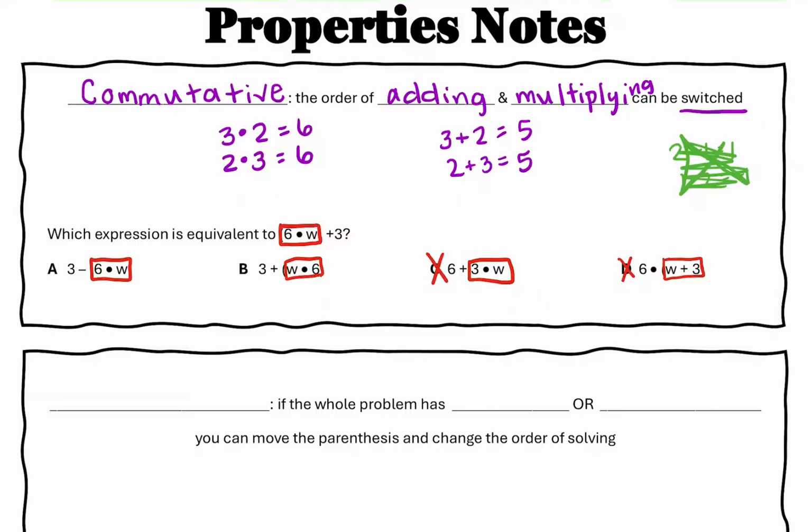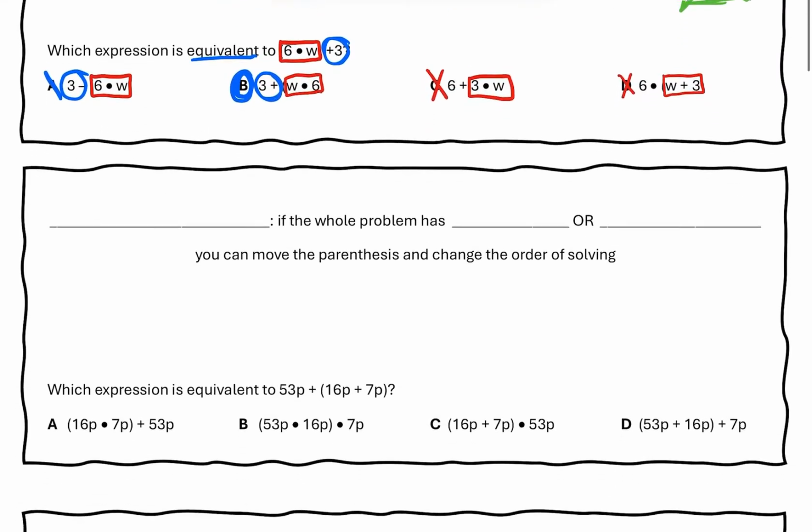So now I'm back to A and B. Back to what we are starting with, outside I have a plus 3. On A, I have a 3 minus. B, I have a plus 3. Obviously in A, we can't change adding to subtracting. So B is my final answer. Equivalent means match, so find your match. It's in a different order, but that's okay.